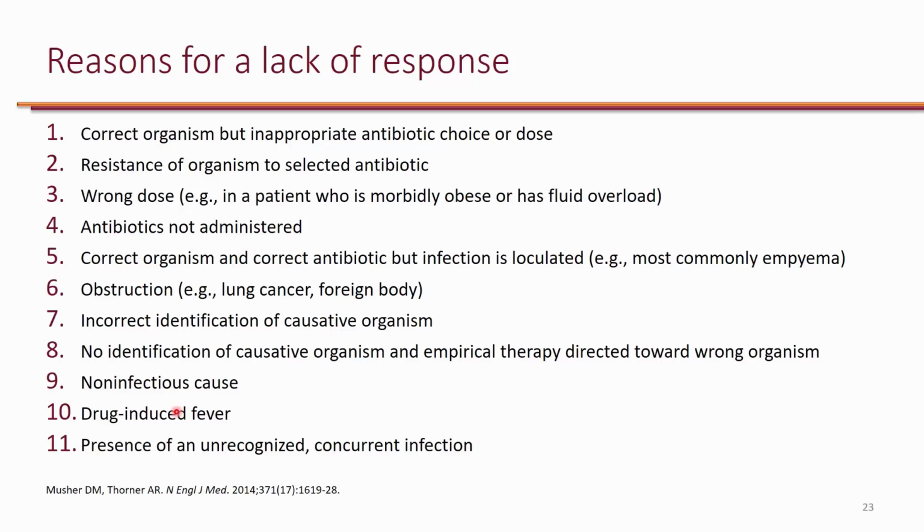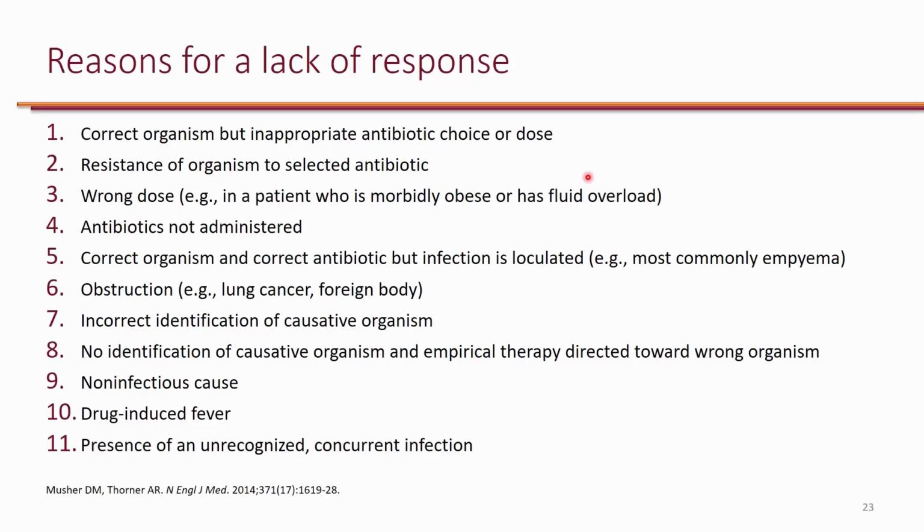And of course, we have to make sure that the patient is clinically improving before we change from IV to PO. Sometimes the patient may not be improving, and there could be different reasons for it. One reason could be that we have identified the correct organism, or empirically we are targeting the right organism, but we use the inappropriate antibiotic, or we were using the wrong dose.